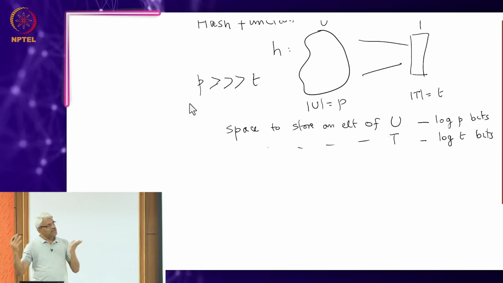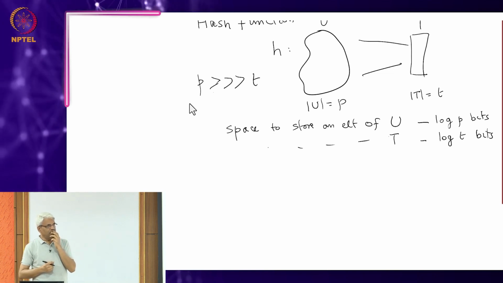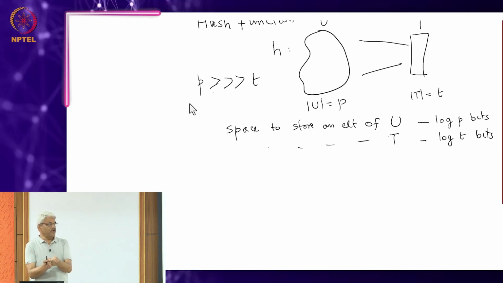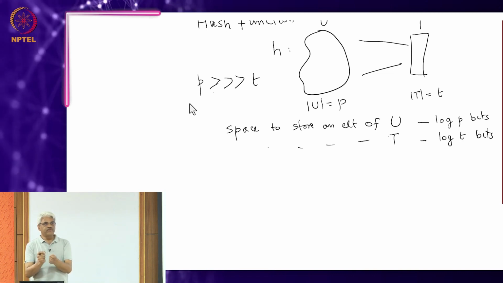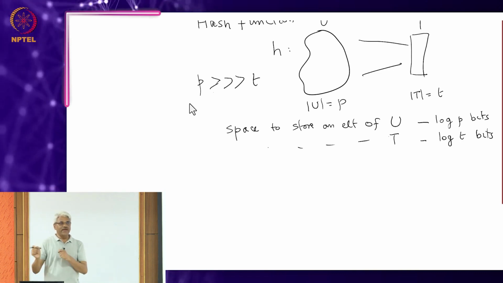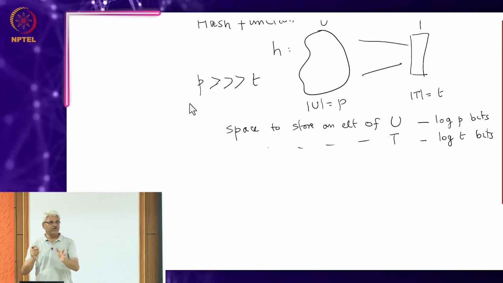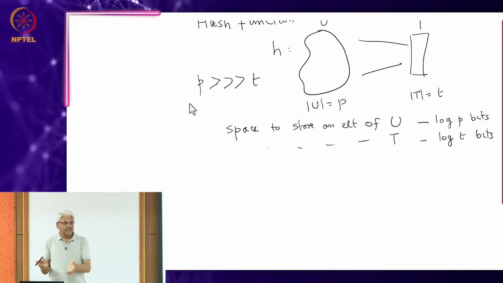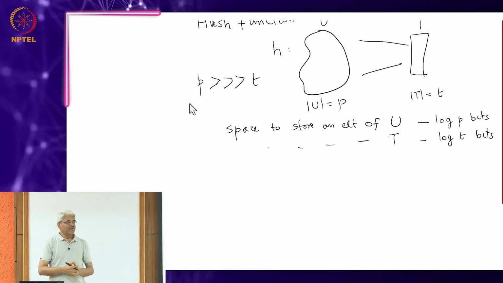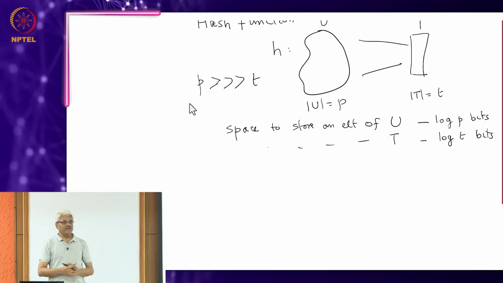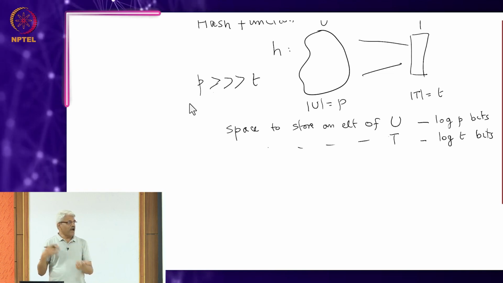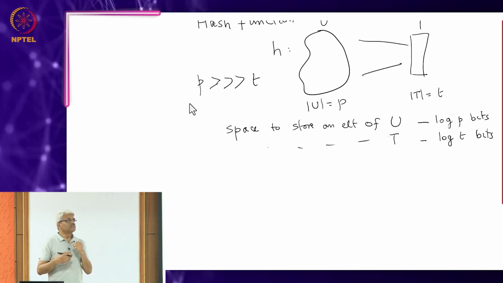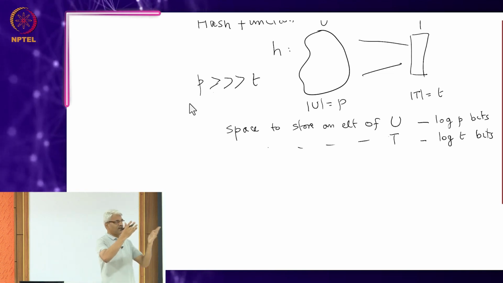But what is a big disadvantage? If instead of storing an element of U, I store its image under h, that is, instead of x, I store h of x. I just argued that h of x takes very little space, so that's good. But what is bad? Exactly, right?